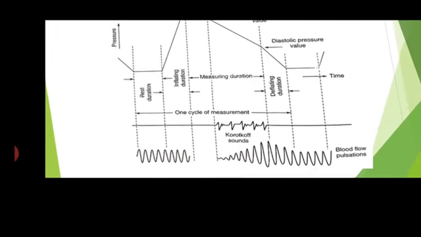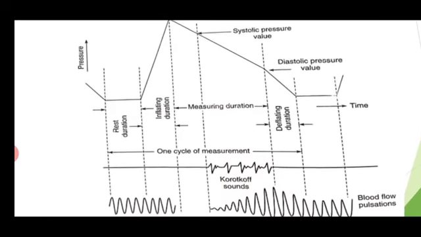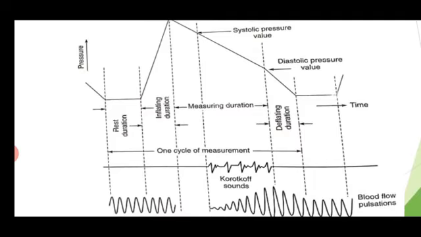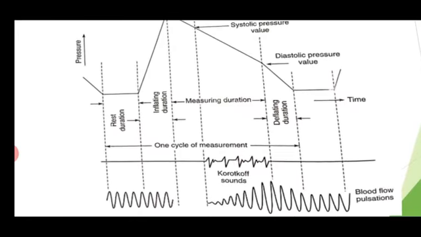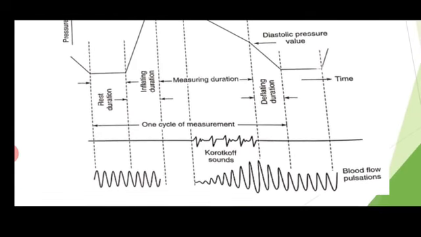Then the cuff pressure is slowly released using the valve, and whenever the cuff pressure is below the systolic pressure, at that time we get a little bit of blood flow. Before that systolic pressure we get no sound, and there is no flow of blood.